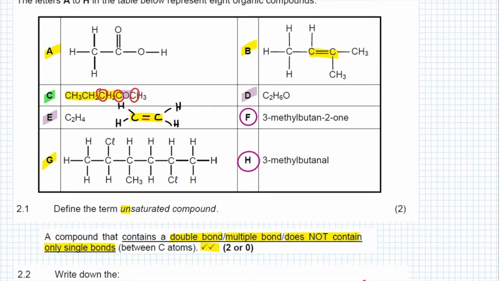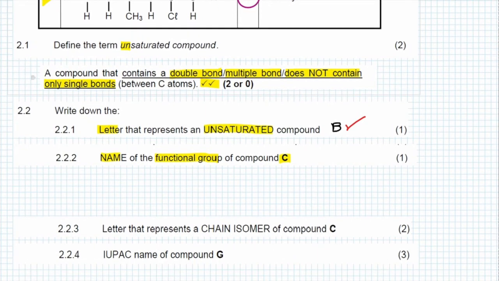So this means that we have a ketone with a double bond O on this carbon. And the functional group of a ketone is known as a carbonyl. So the answer to question 2.2.2 is carbonyl. And this is going to get you 1 mark.